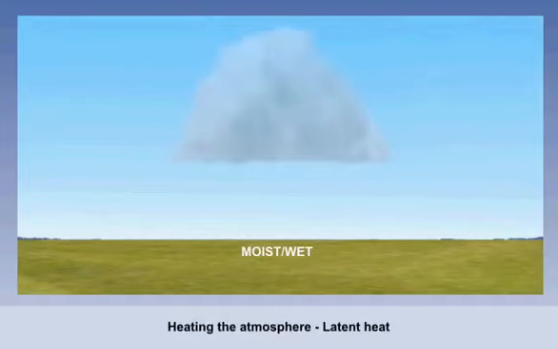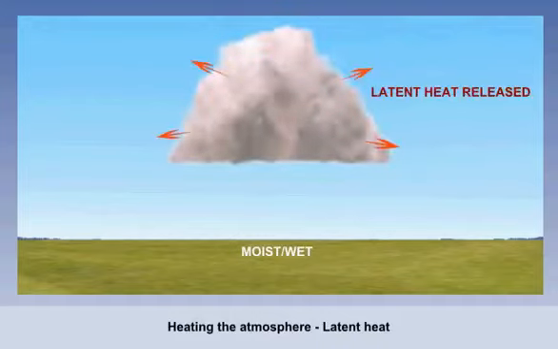It may eventually form clouds as the water vapour condenses. This change of state from gas to liquid releases latent heat, which warms the atmosphere around it. Note, however, that downdrafts associated with heavy rain will drag high-altitude cooler air towards the surface, cooling the surface layers.